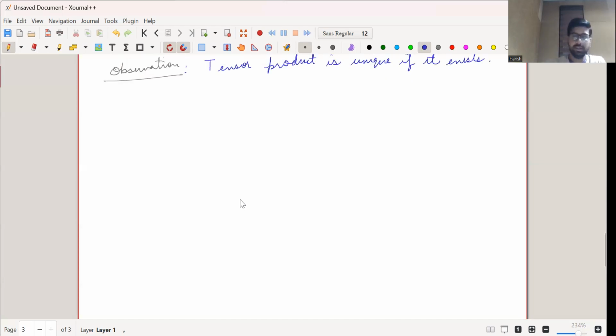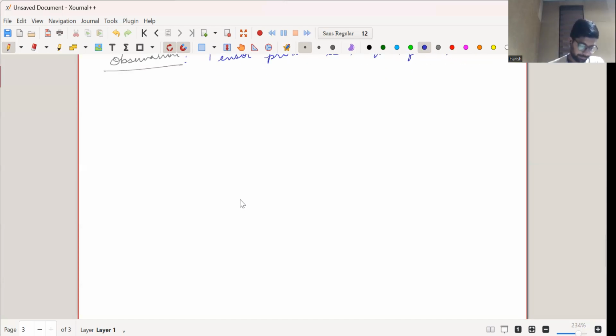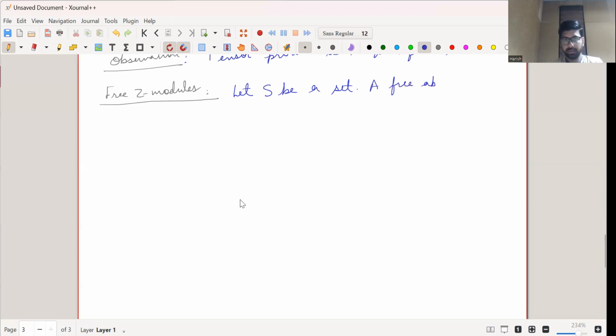We will see this. First of all, let me define what is a free Z module. So let S be a set, then a free abelian group. Every Z module is in one-to-one correspondence with an abelian group. So a free Z module is nothing but a free abelian group.